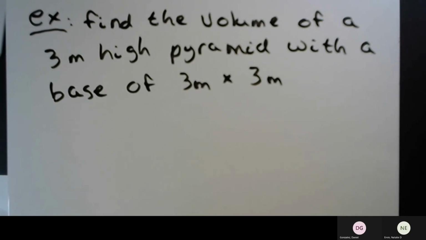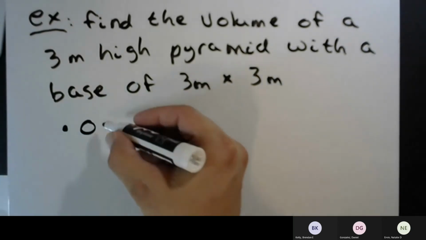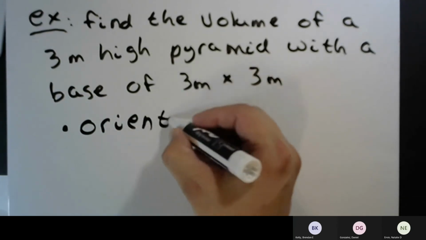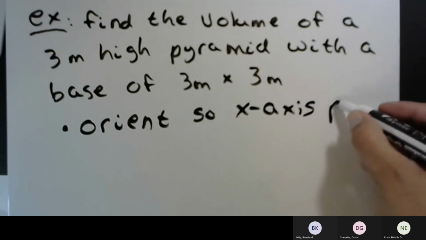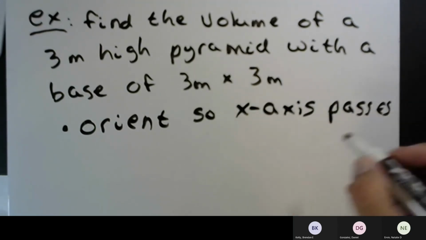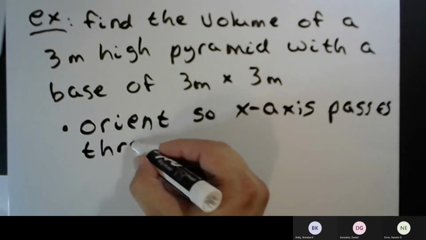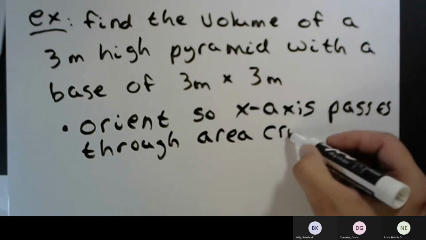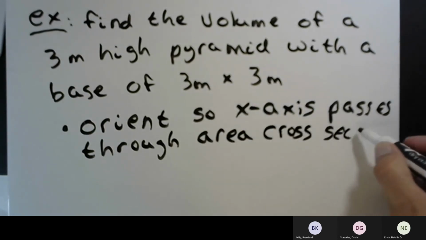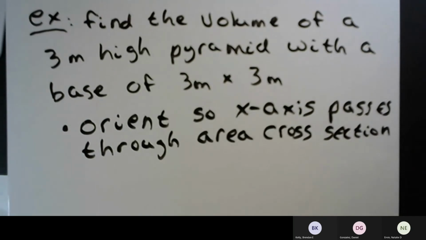Now, one thing we can do is place this thing on the x-axis so we can get a cross-sectional area that the x-axis passes through. So we can orient this so the x-axis passes through the area cross-section.